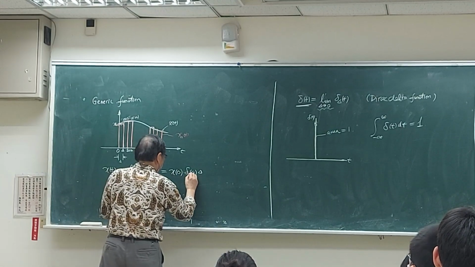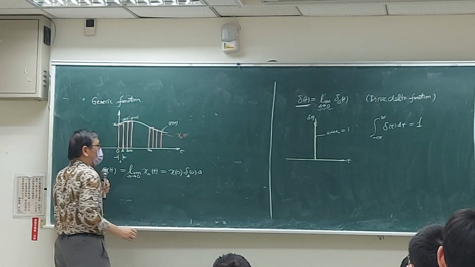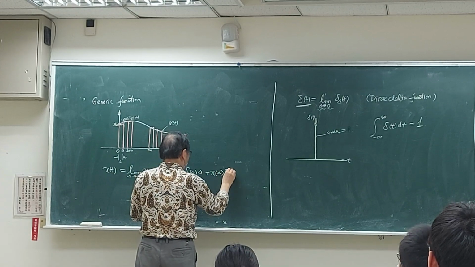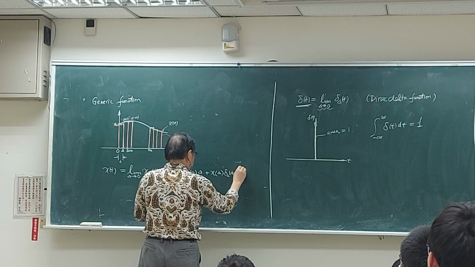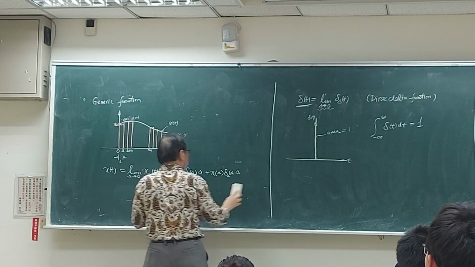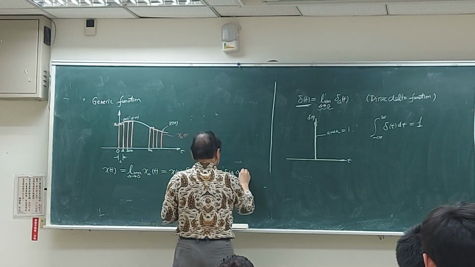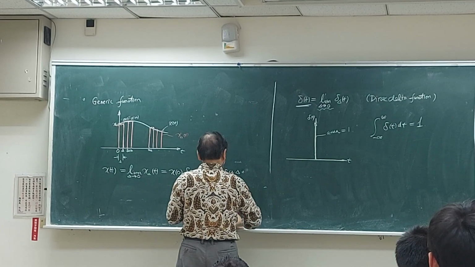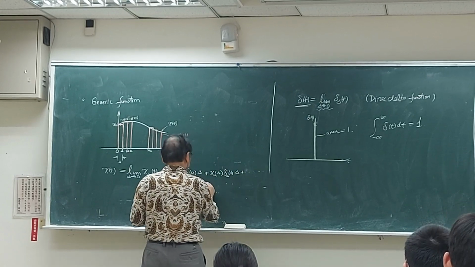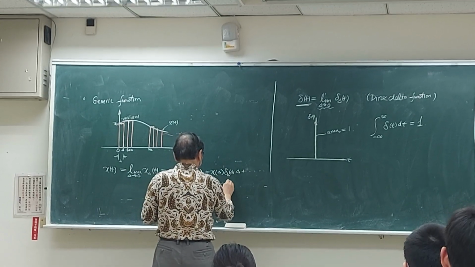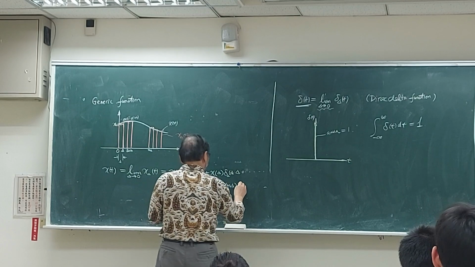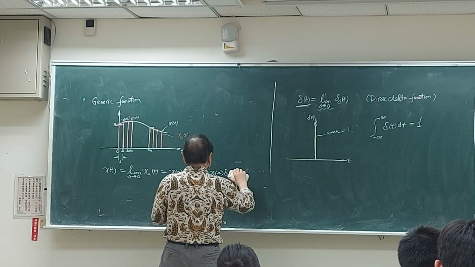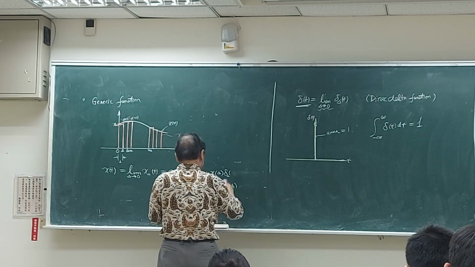And plus x of delta times delta, times delta of t minus delta.